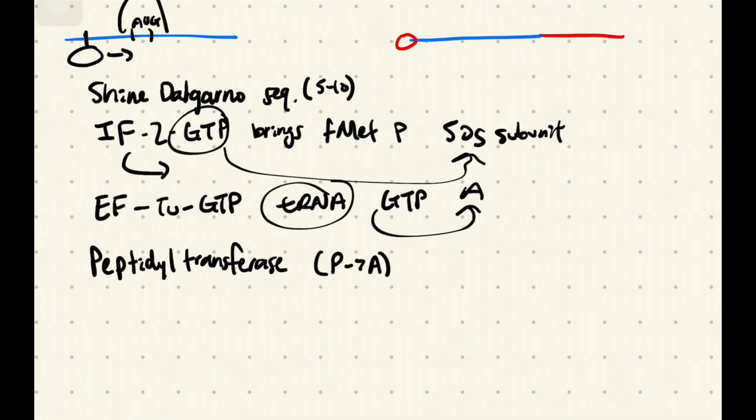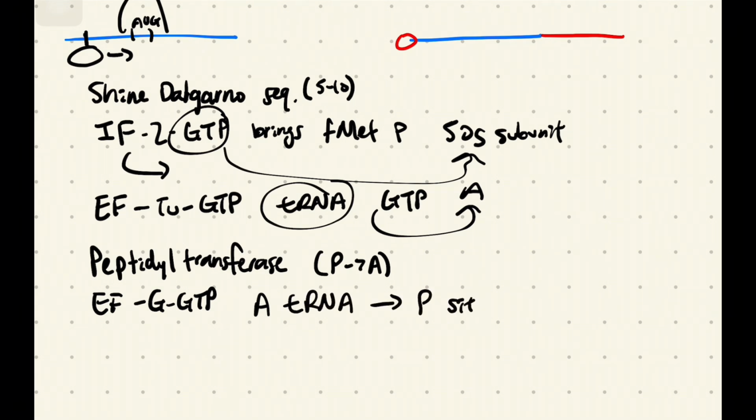And then finally, you're going to have elongation factor G, GTP, and it's going to translocate your A site tRNA to your P site by hydrolyzing your GTP, right? So that's just going to be your elongation stage. You're just going to keep repeating that over and over and over.